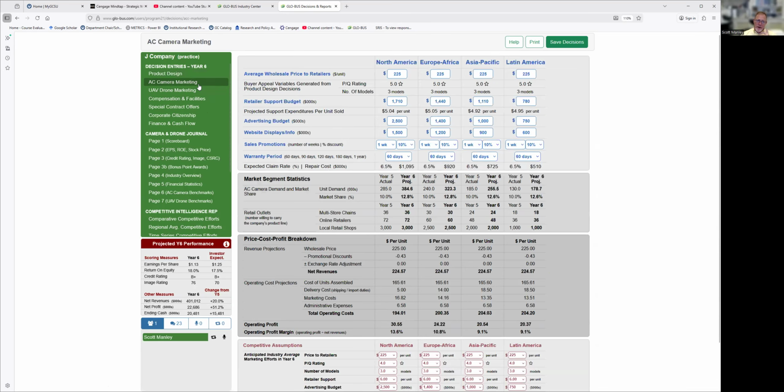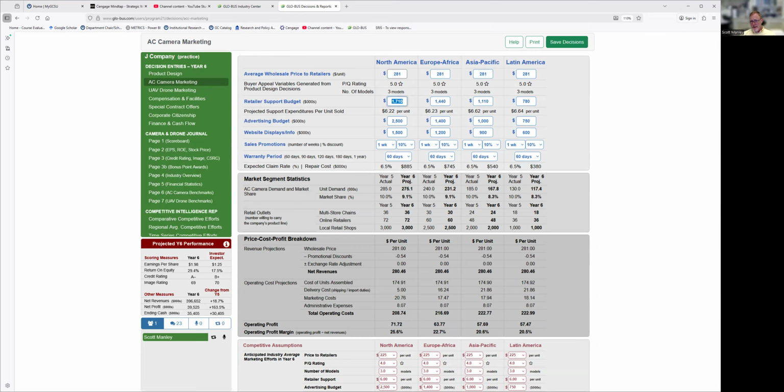Okay, so now I'm going to look at marketing for my camera. I think it's fairly reasonable to say that if I increased my PQ rating by 25%, then I probably should increase my price by 25%. And doing a little math using my handy dandy phone calculator, I determined that the selling price expected for that camera should be $281.